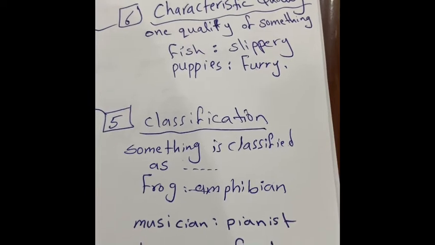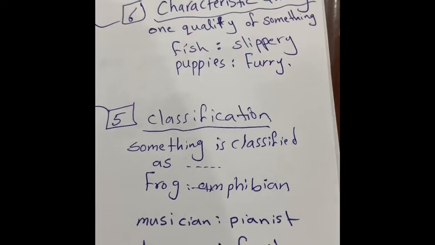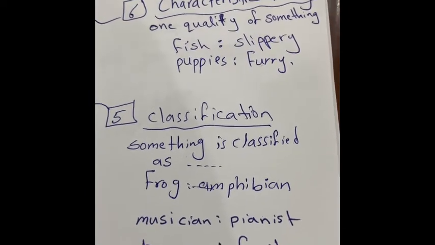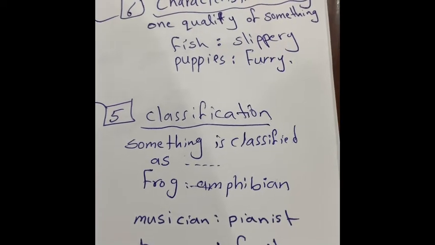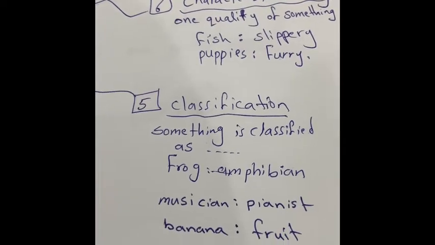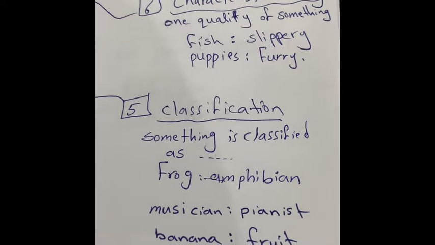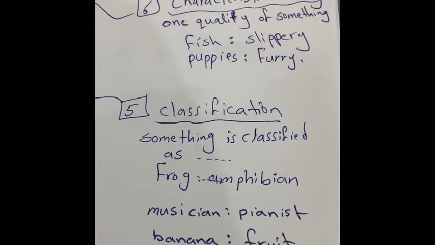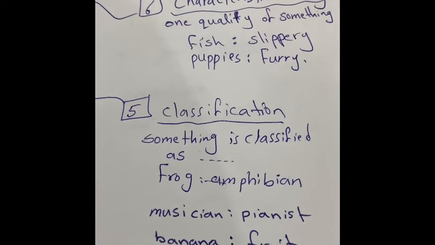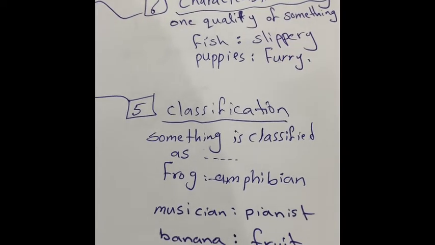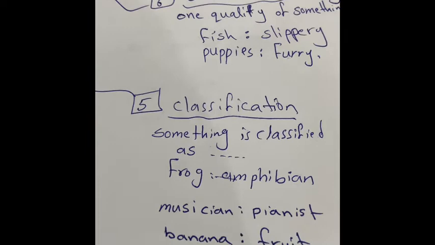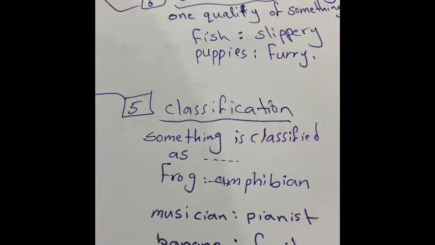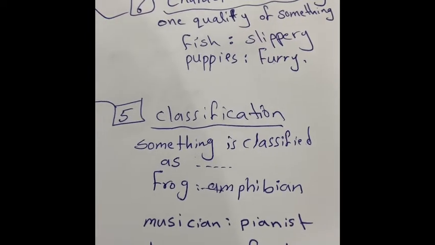The classification of pianist, he is a member of the musicians. And if we say banana, the classification of banana is a fruit. It comes from the fruit group. Do you understand the meaning of classification? Classification means something which is classified as something else.